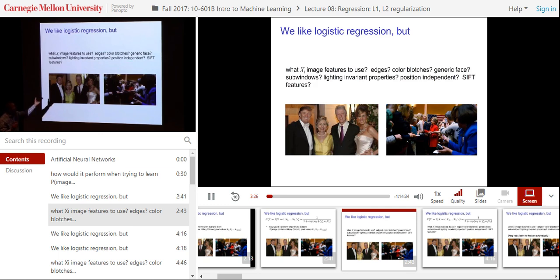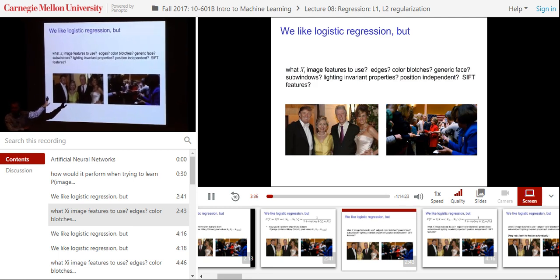Or even maybe face features, if we could write an x sub i function that would extract face-like things. And people in computer vision worked for many years to come up with the right set of features.